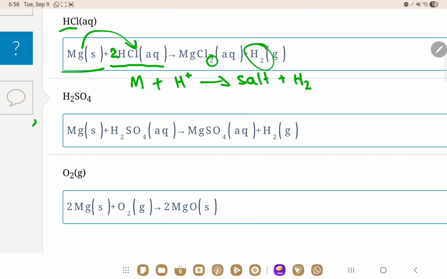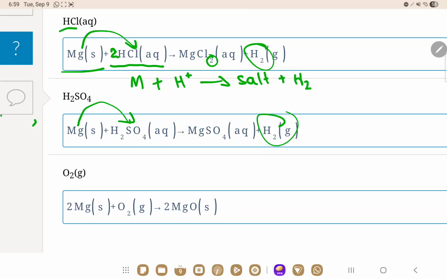Again, now here you have an acid again. Like I said, metal plus acid, salt plus H2. Now, Mg plus H2SO4 will be MgSO4, and SO4 has a charge of -2, so you don't need to add any more SO4, plus H2.